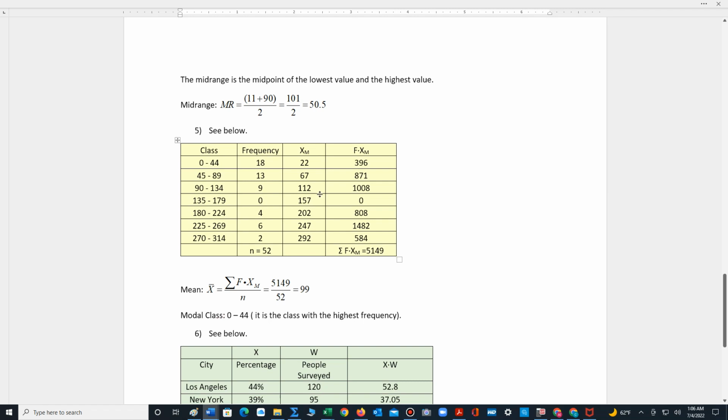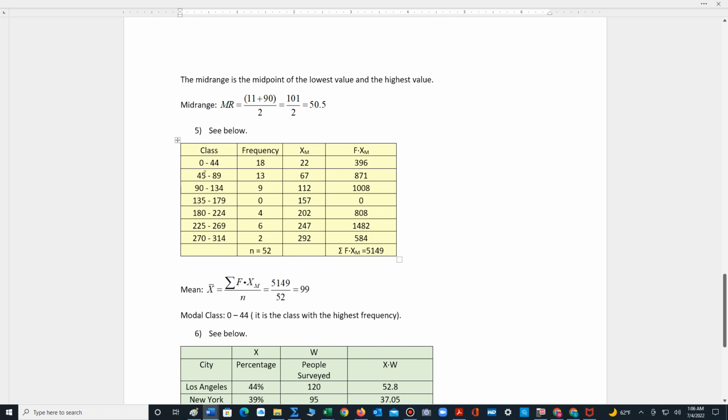For number 5, we're given group data, and we have to find the mean for the group data and the modal class. To find the mean, we had two columns. We had the midpoint column and the frequency times midpoint column. To find the midpoints, we just add the lower limit plus the upper limit. In this first case, it's 44, and then divide by 2 to get 22.